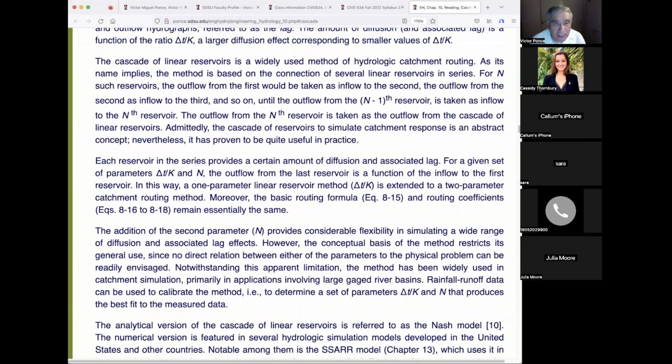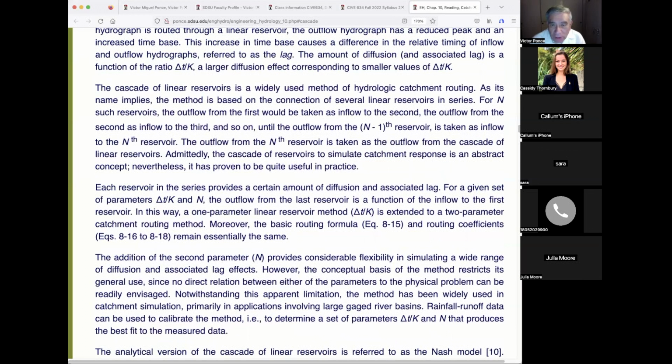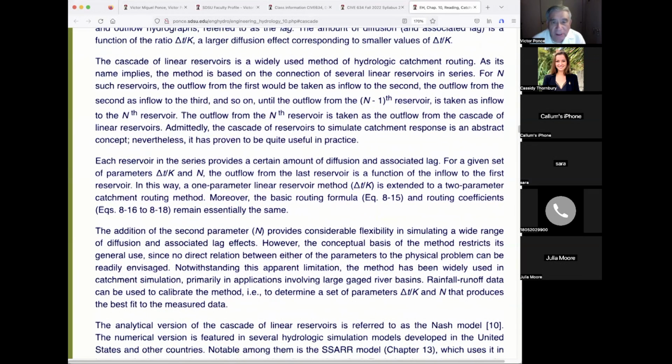So what is the cascade? A widely used method of hydrologic catchment routing, based on the connection of several linear reservoirs in series. You take linear reservoirs and put them together, and it's a way of numerically creating diffusion. And it only creates diffusion, by the way, because the cascade of linear reservoirs doesn't have any convection.